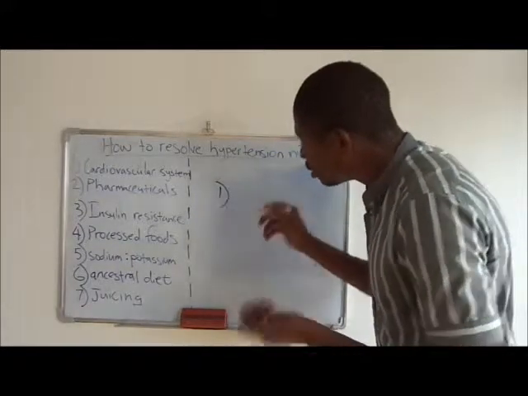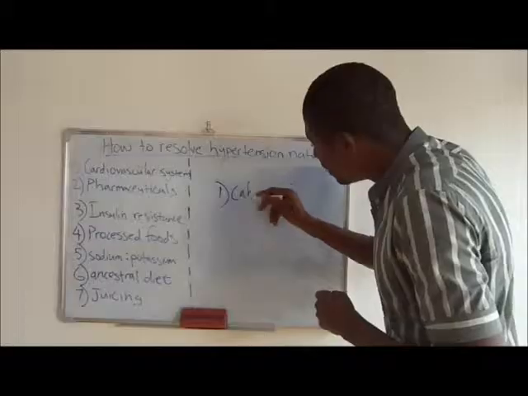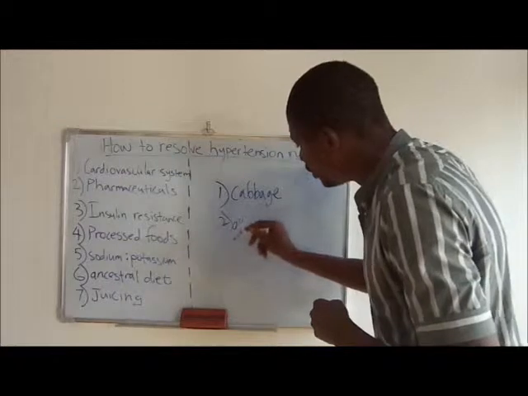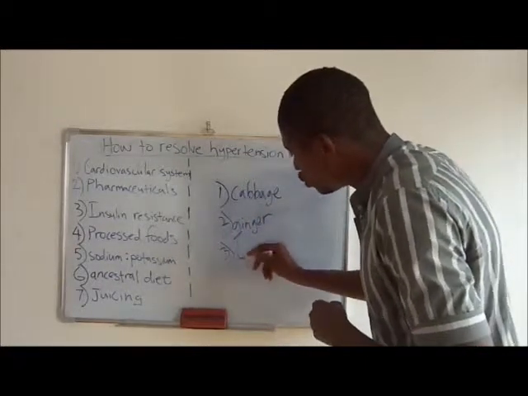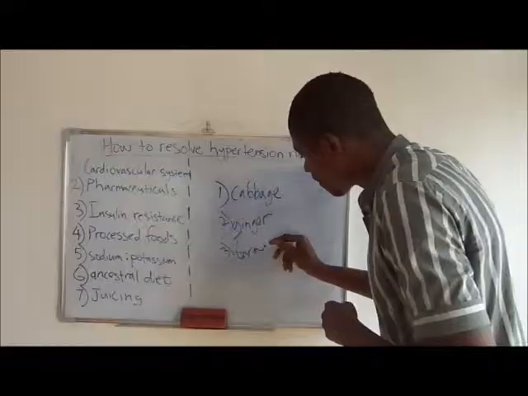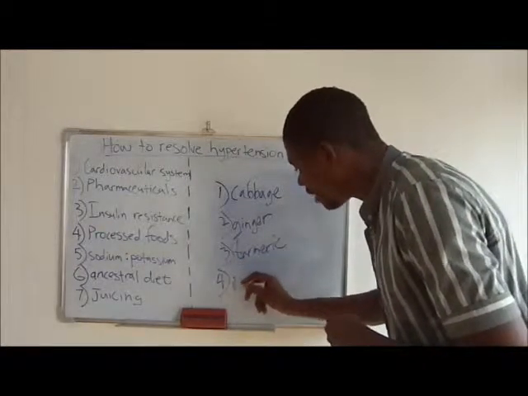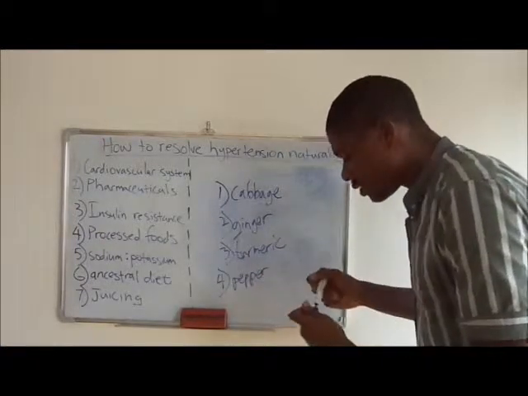A good core would be cabbage, ginger, turmeric, with a dash of pepper. And with pepper, the spicier the better.